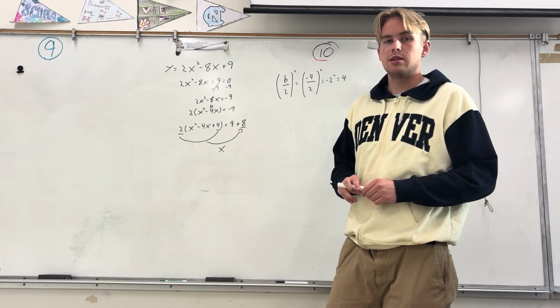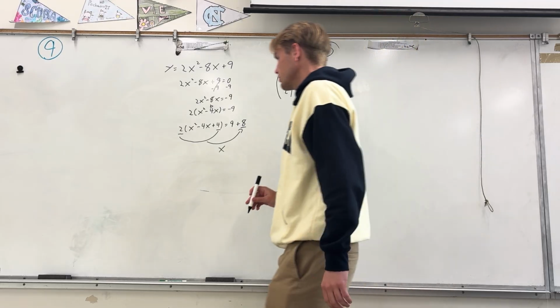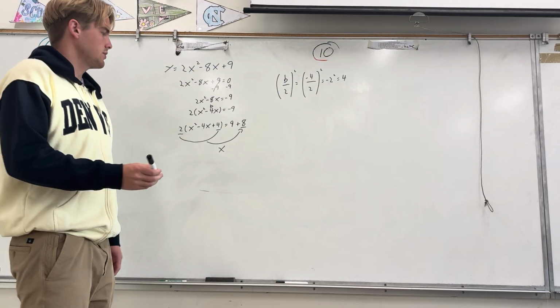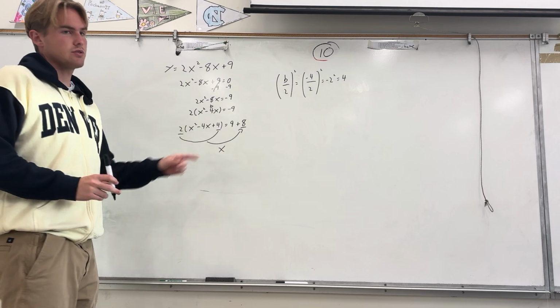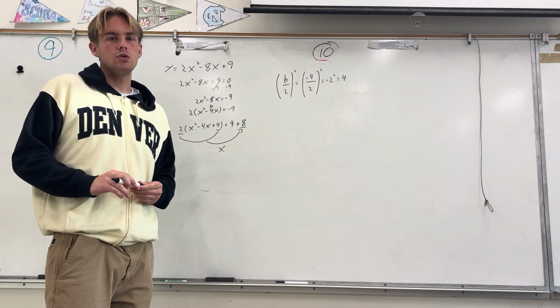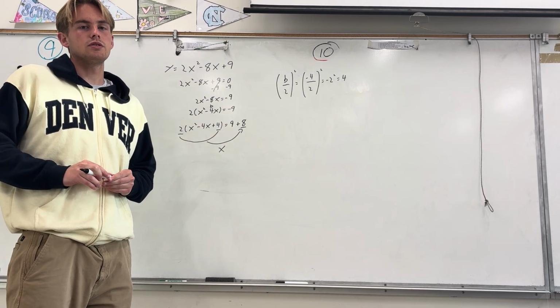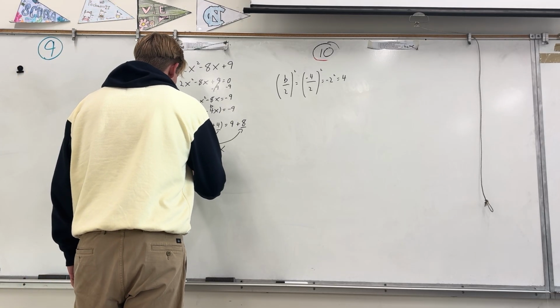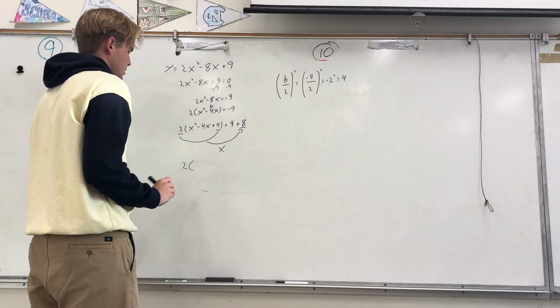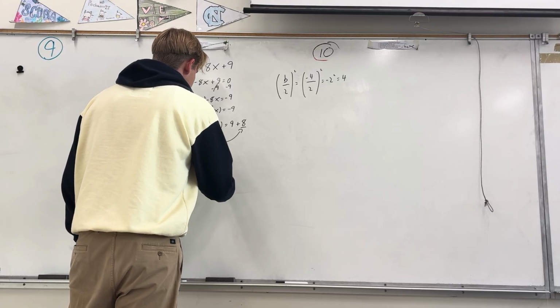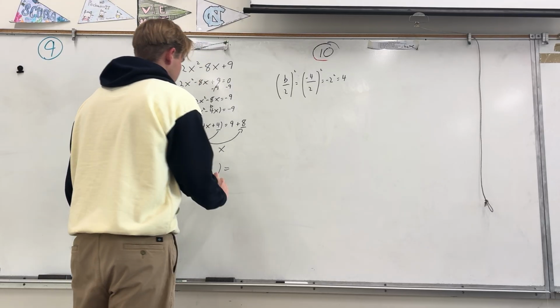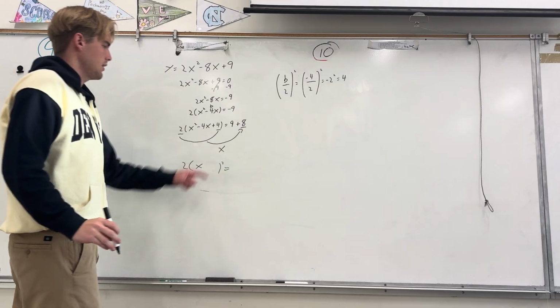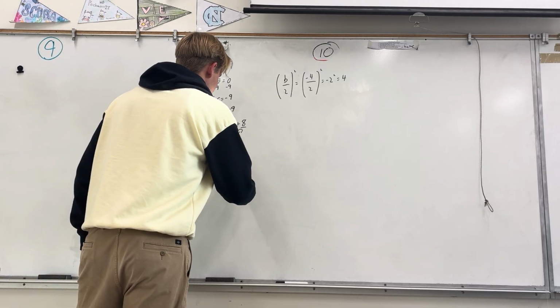And now we just do the same thing we did before. I told you guys in the last video to figure out what we can factor, x squared minus 4x plus 4. You just use the formula x minus b over 2 squared. So this is just going to become 2 parentheses x. 9 plus 8 is 17.